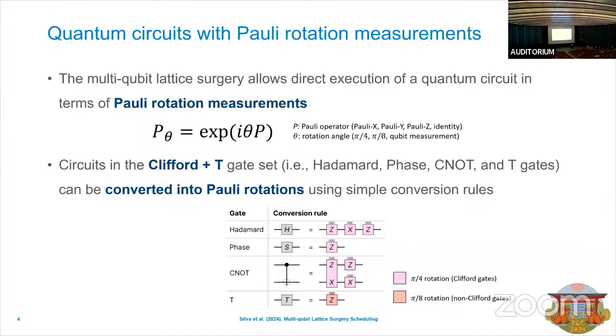Operations in other gate sets, such as the Clifford plus T universal gate set, can be easily converted to Pauli rotations using these conversion rules. Other gates, such as arbitrary angle rotations, can be approximated using decomposition techniques, but this is beyond the scope of my talk here.